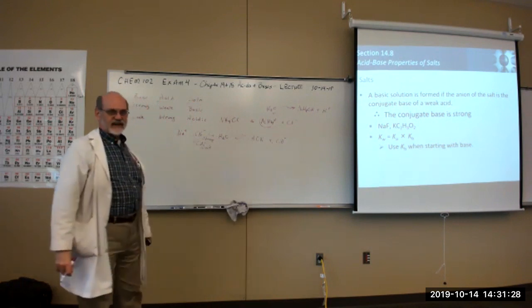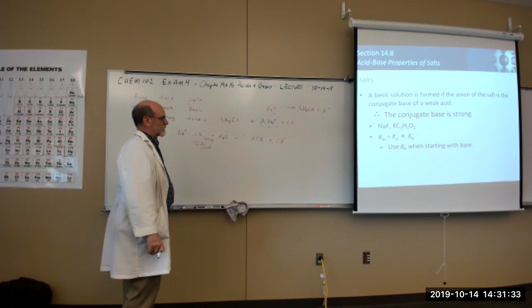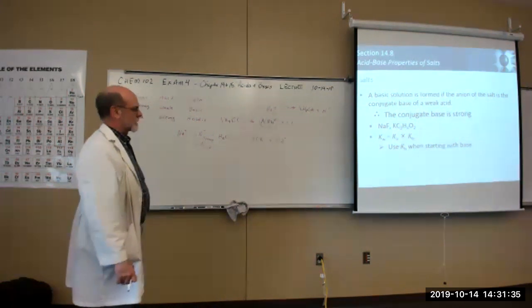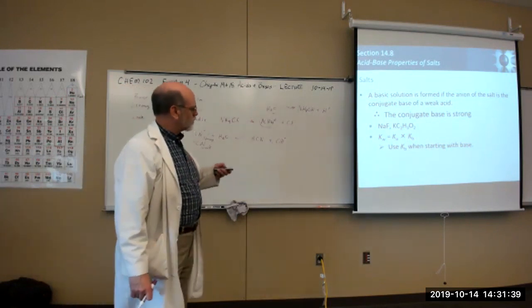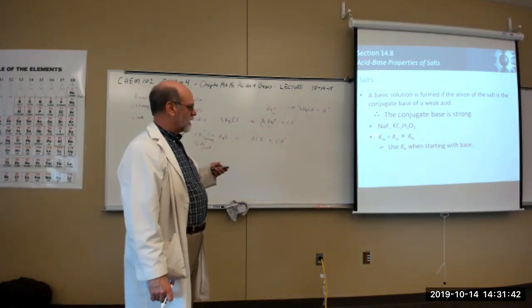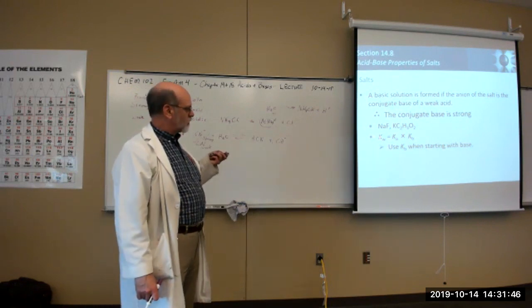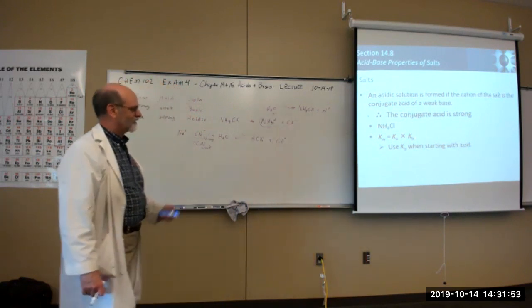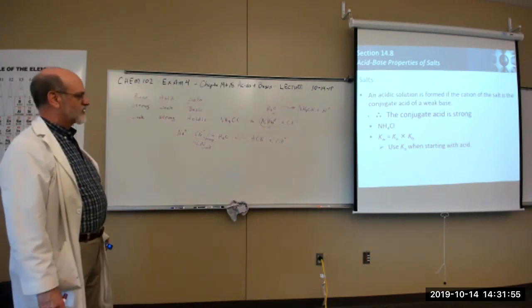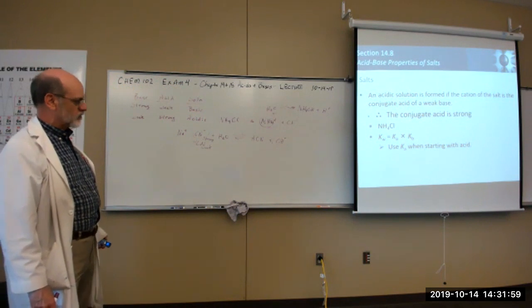So that makes it acidic. Okay, I showed you this one earlier, I think, when I was talking about calculating pHs and pOHs. Kw is equal to Ka times Kb. There's a conjugate acid. That one makes an acidic solution.